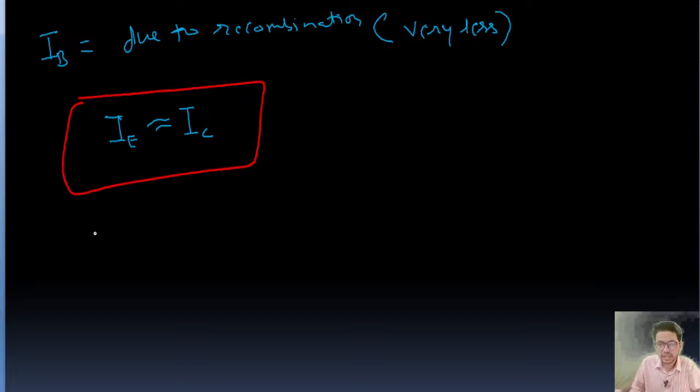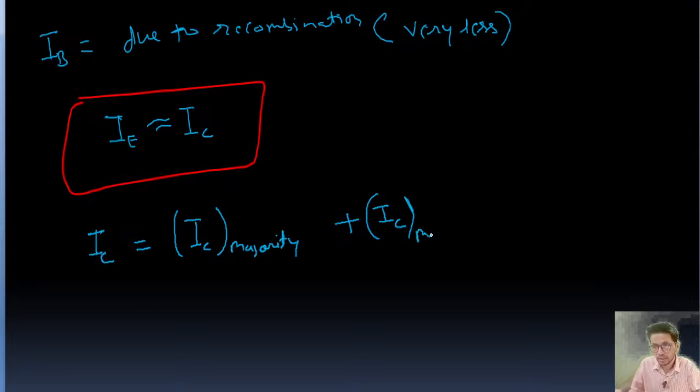And also, guys, the collector current IC is going to be IC because of majority charge carriers, plus IC because of minority charge carriers. The IC which is because of minority charges is temperature sensitive, guys.